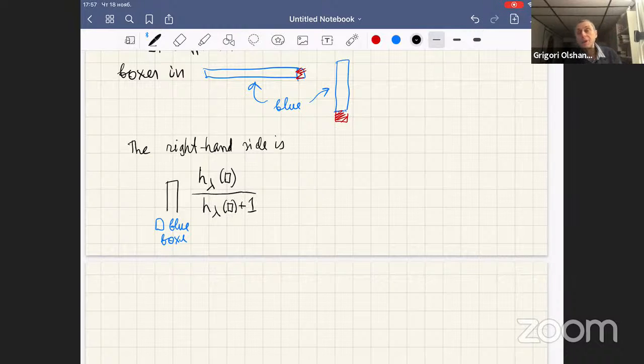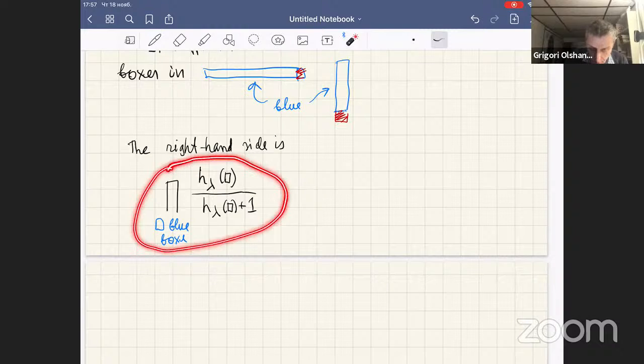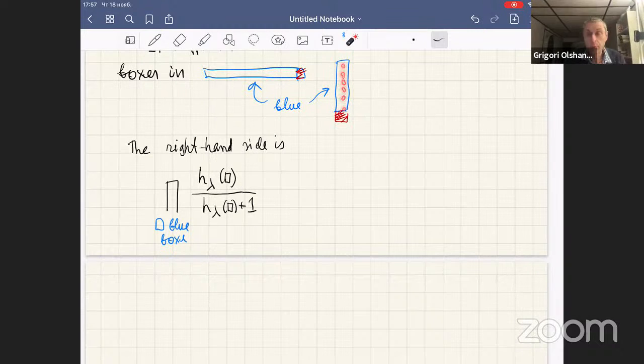Because in the new diagram, we have just to add 1 to take account of the new box which is added. So we only have to look at this expression where the product is taken on the boxes here or on the boxes here.